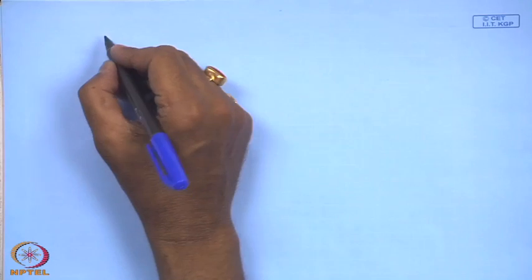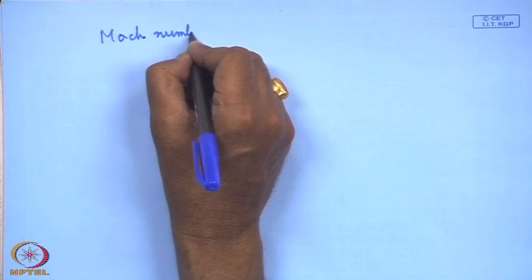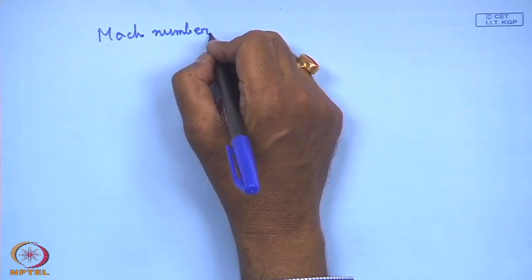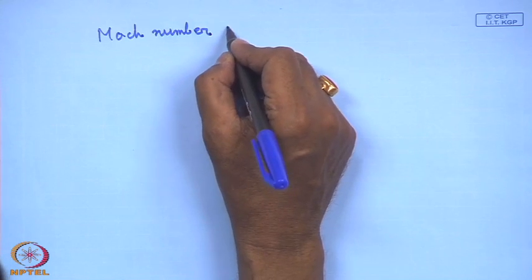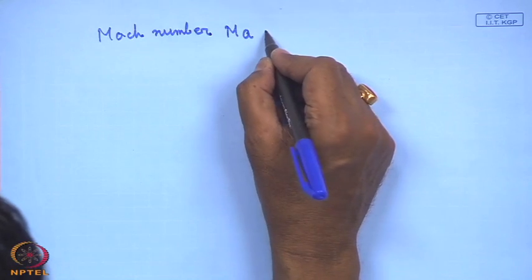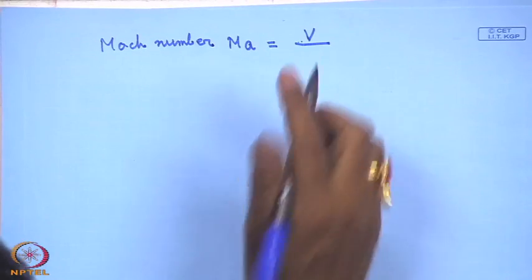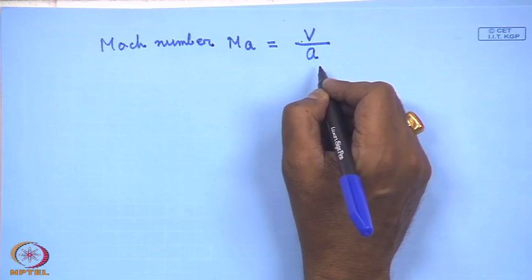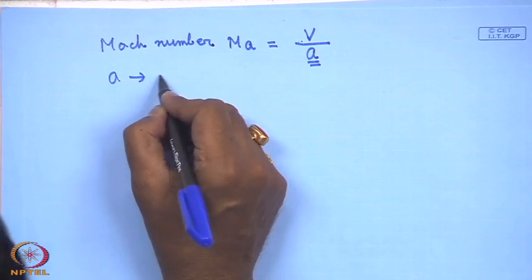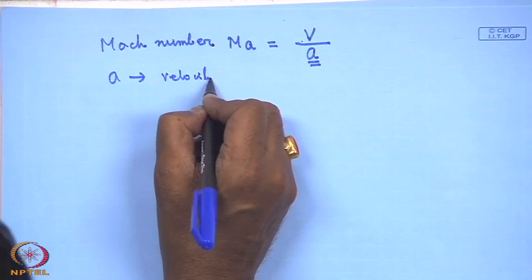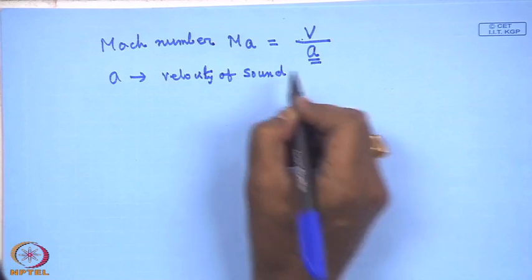So, I write you a Mach number consideration, and this is for all machines or all devices that handle compressible flow or the flow of compressible fluids. Mach number, that is MA, is defined as the ratio of the flow velocity divided by the velocity of sound or acoustic velocity. A is the velocity of sound or acoustic velocity relative to the fluid flow at that state of the fluid.